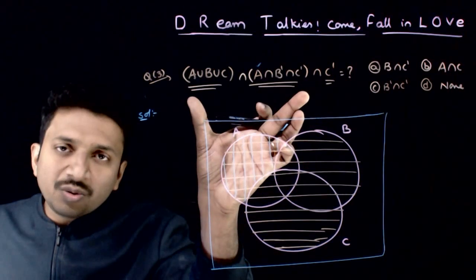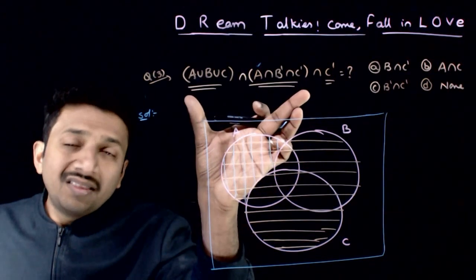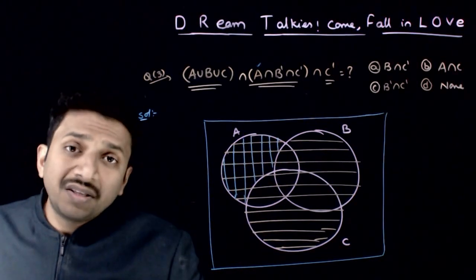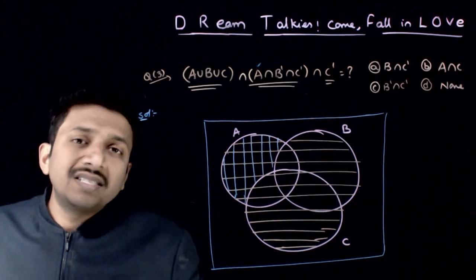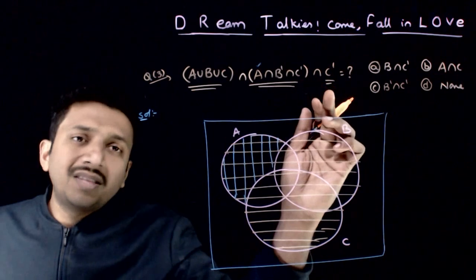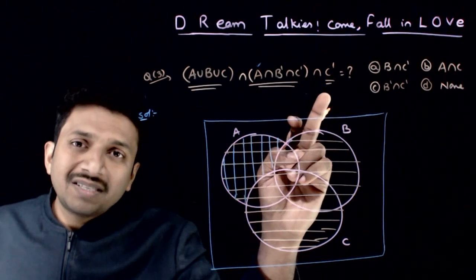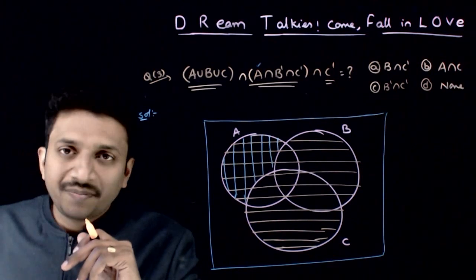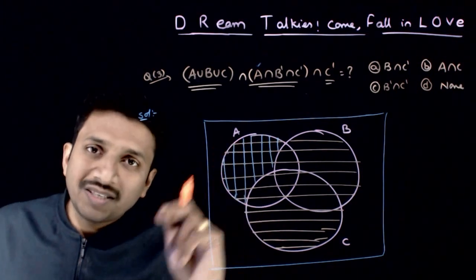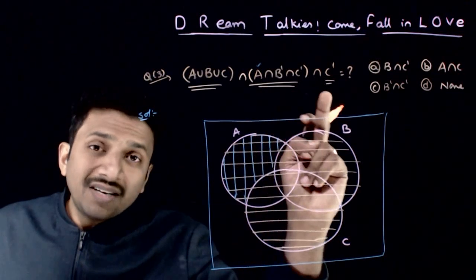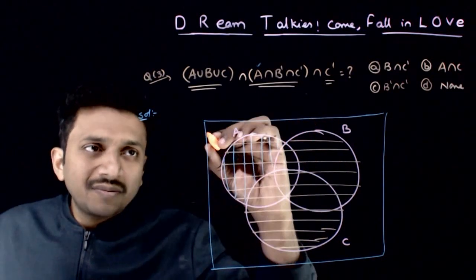So till these two sets, the intersection is this. And now the third set is C complement, which is all the elements except those present in C. Let us shade this region using slant lines.